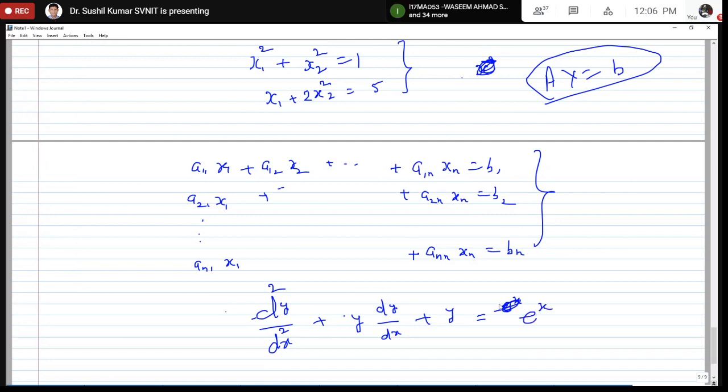Is this linear or non-linear? It is non-linear. Why? Because it contains y into dy by dx. This term is non-linear in the unknowns, because y is unknown as well as dy over dx. So due to this term, it is non-linear.